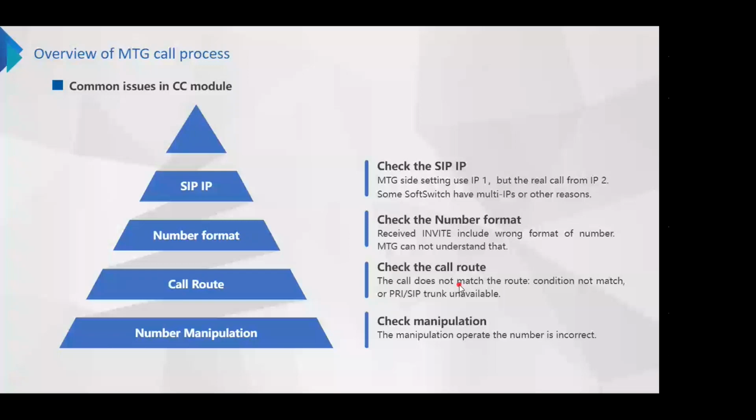If you set the conditions wrong, then your call may be forwarded to an invalid SIP trunk or the wrong destination. So always please check this. Sometimes you also have to give the right description or right name. Otherwise you may get a wrong call routing setup, and then of course the call will fail.